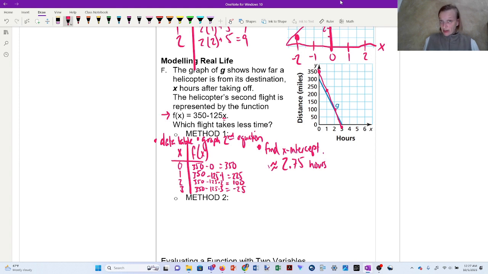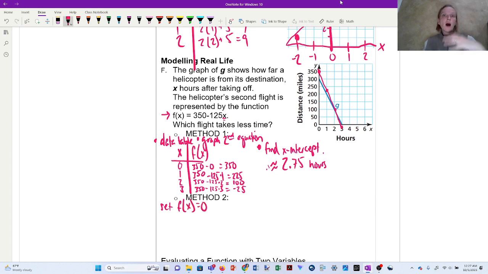There is another way to answer this question. It again involves finding the x-intercept, but not using a graph, using algebra instead. So method number 2, we're going to set f of x equal to 0.